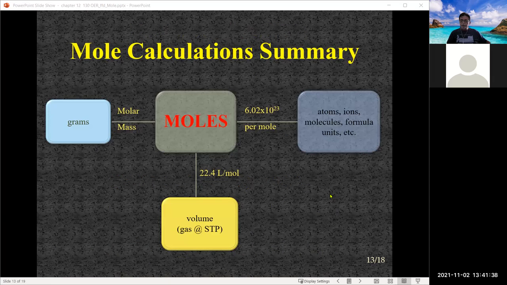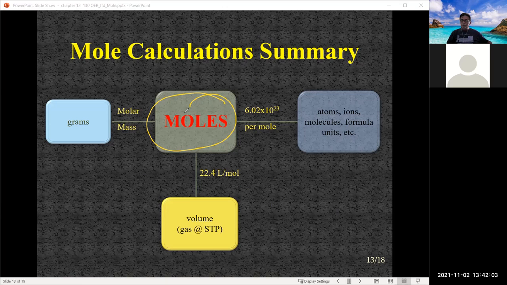So this flow chart, and we're going to give you another flow chart down the road that's going to add more information, but this is the start of the flow chart with respect to calculations of going from one unit to another unit, okay? And notice that the center unit around everything is moles.